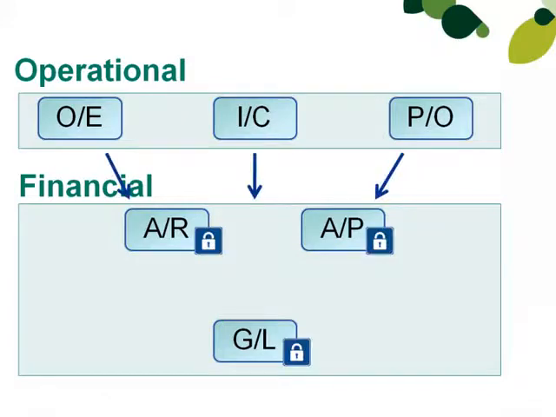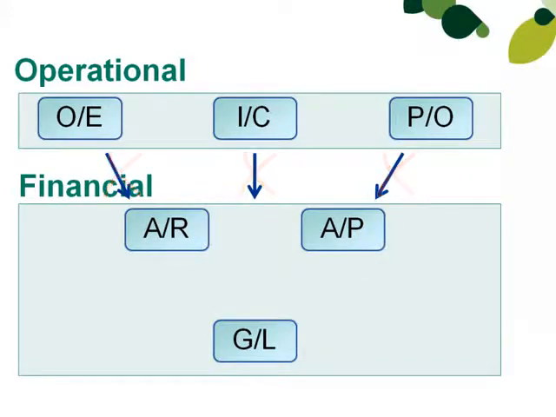If you lock financial modules before locking operations modules, you may not be able to post batches that flow from operations to financial modules. Whether or not you can post batches depends on settings in the company profile, as you'll see later in this video.